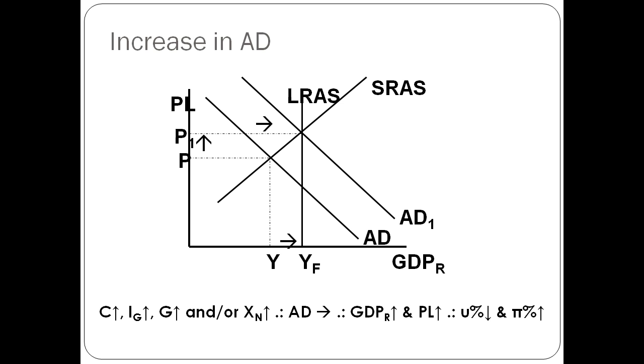So if the Federal Reserve or the U.S. Congress implemented some sort of policy to increase aggregate demand, you can see that now the economy is back at full employment output. Real GDP has gone up, price level has gone up, unemployment is down, and the inflation rate has gone up.